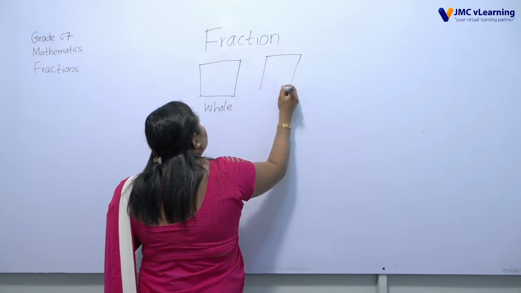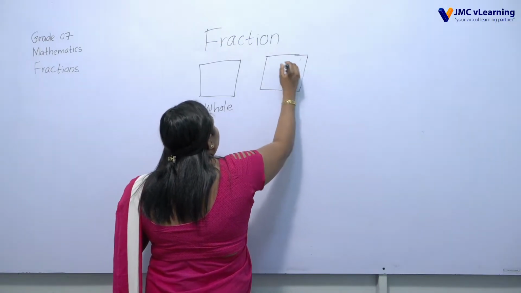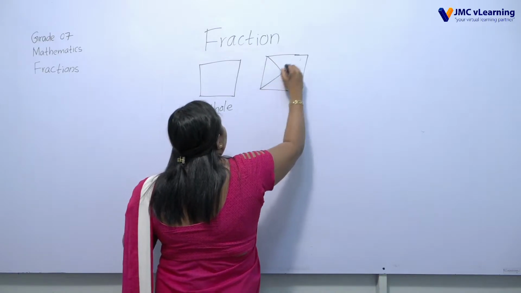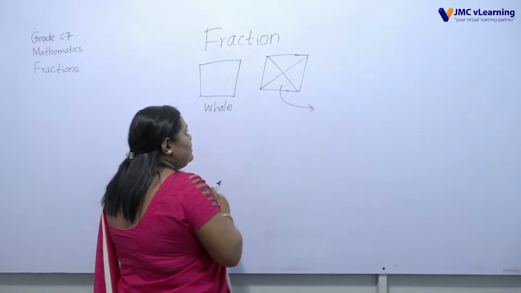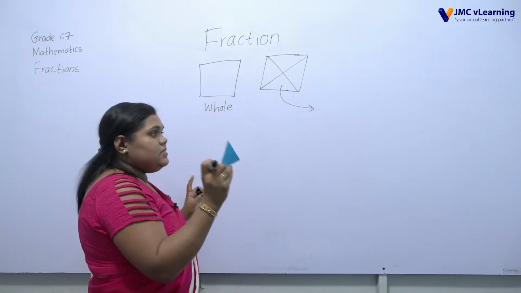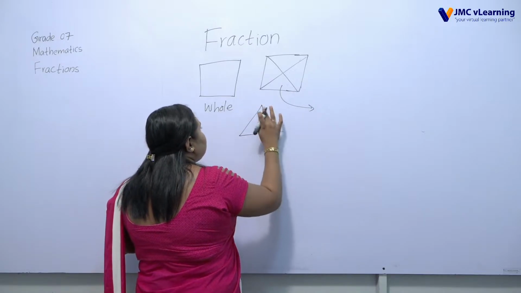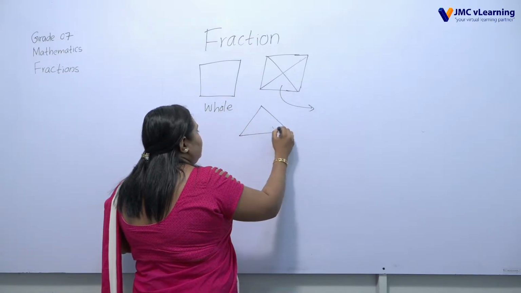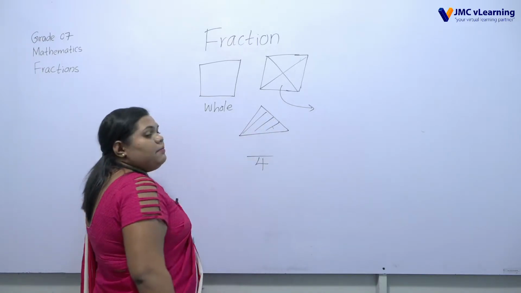And I wanted to divide it into 4 equal parts, and I take one part out. You can see this now. So how can we write that part as a fraction? For that, you write the total number of parts.